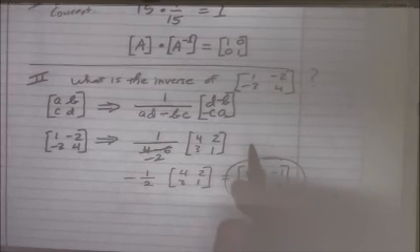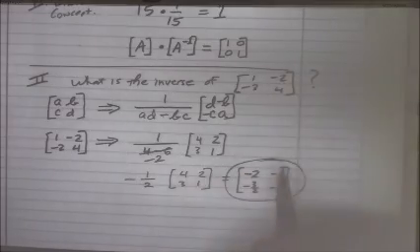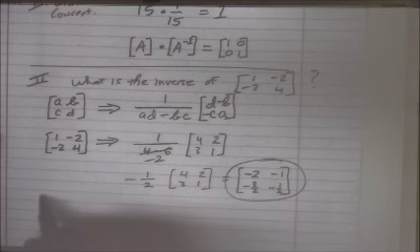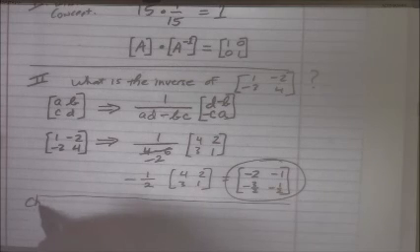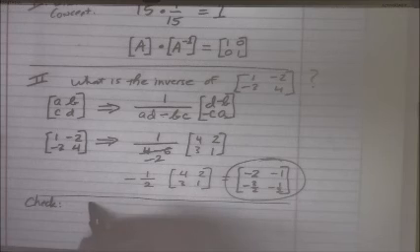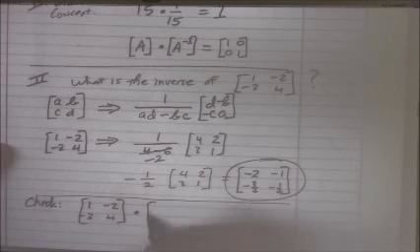Now we can check it by using this. If we take this one and we multiply it by the inverse, we should get 1, 0, 0, 1. So let's check by doing that. So I'm going to write the first matrix times this matrix.